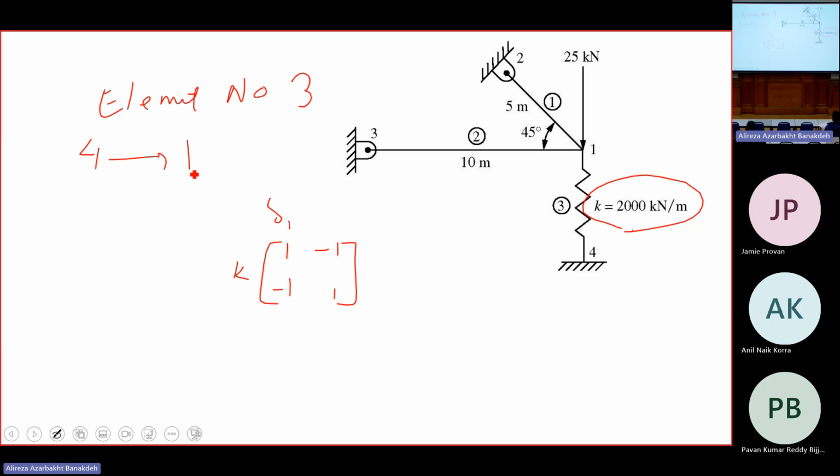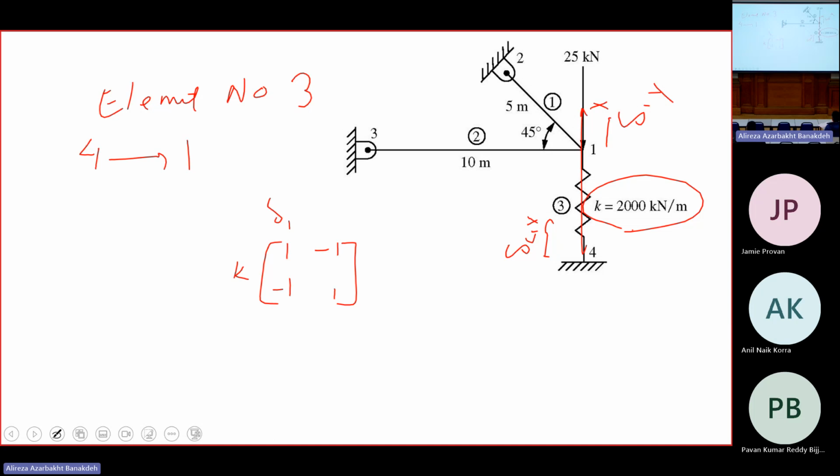Number 4 connects to 1. Okay, it means that the local x direction for this element is like this, and this is delta 4x, and this is delta 1y, right?